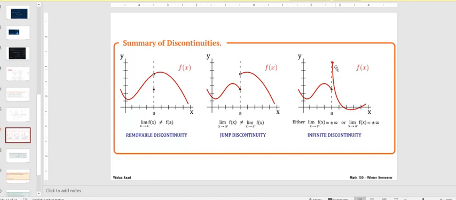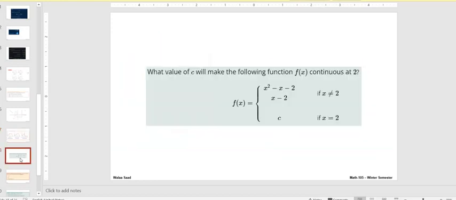If the limit does not exist and the function does exist, that's a third type which we don't deal with, the infinity here. So finally, I would like you to try this star problem: which value of c will make the following function continuous at x equals 2. Just think about it. It's a challenging one, but it's very simple as well.